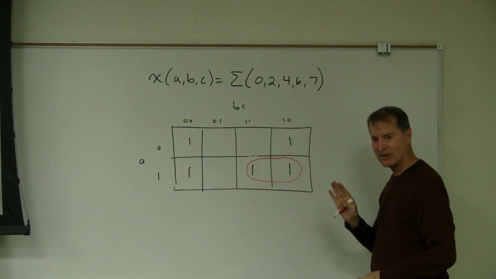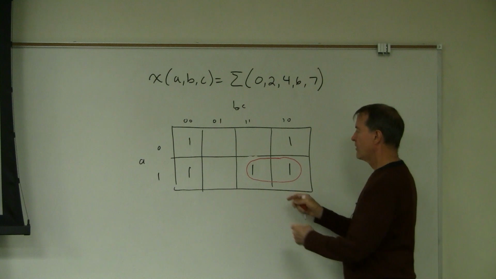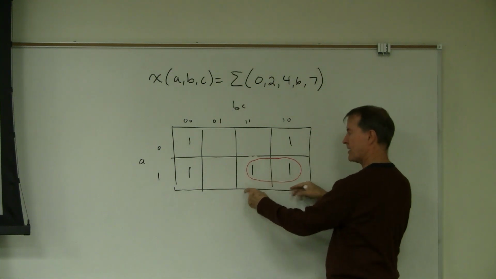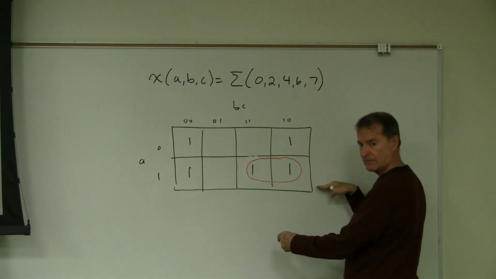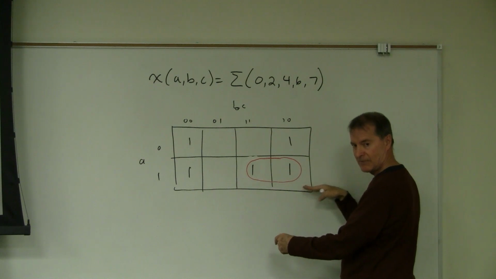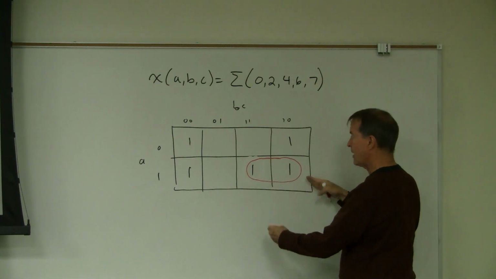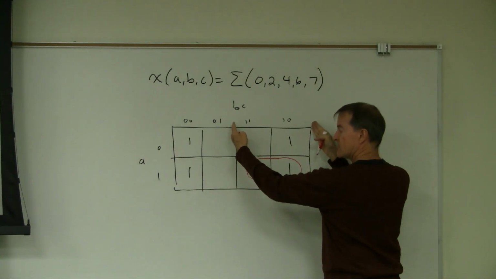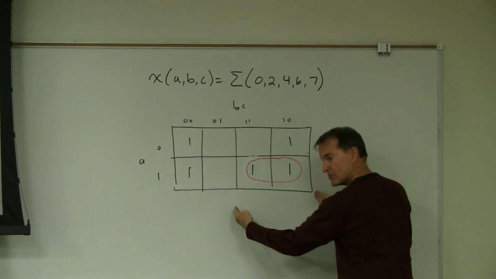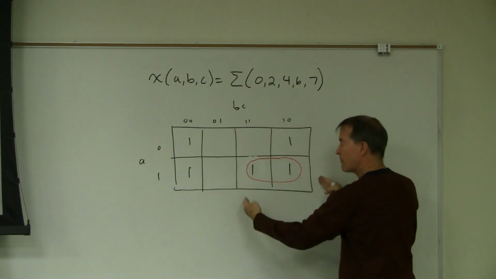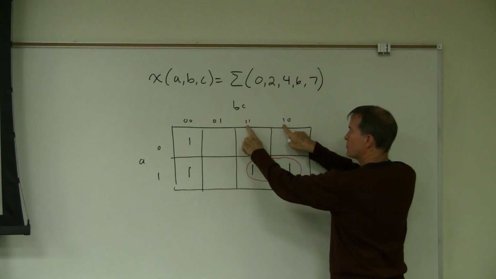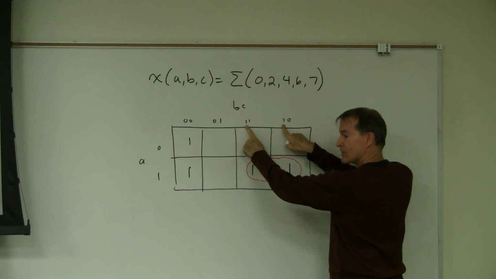Now, is everybody clear on that? This one is AB because it's in row A, and it's the two rightmost columns. Do you see that the two rightmost columns are the columns where B is 1? That was a good question. This is what's tricky about using Karnaugh maps.